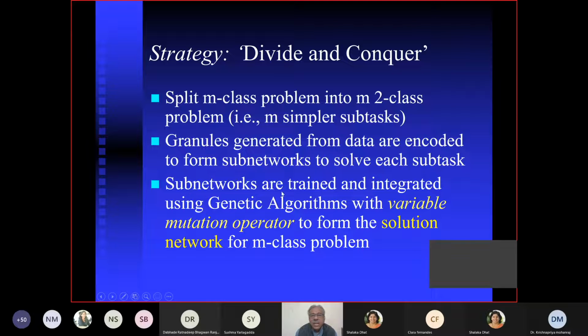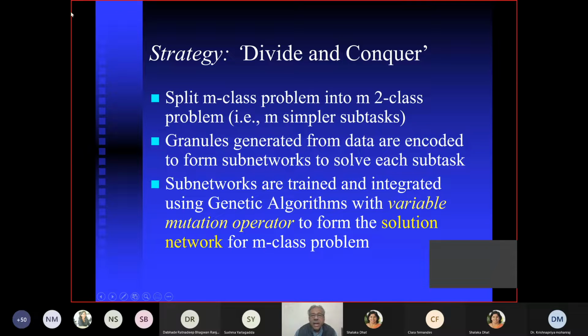Three such, so that is M simpler subtasks. Then granules generated from the data using rough set theoretic rules are encoded to form the subnetworks to solve each subtask. Then the subtasks are trained and integrated using genetic algorithms with variable mutation. I will explain why variable mutation, to form the solution network for the M-class problem.